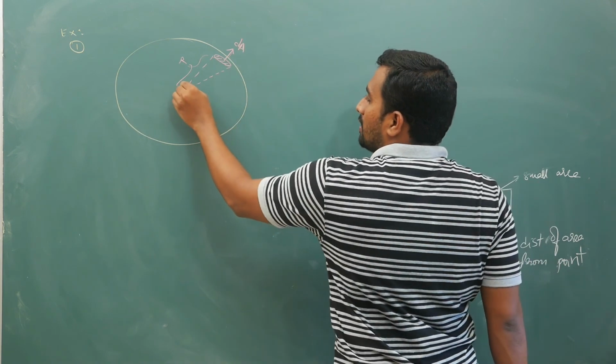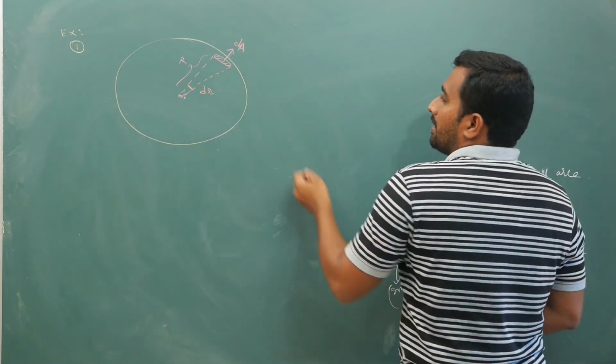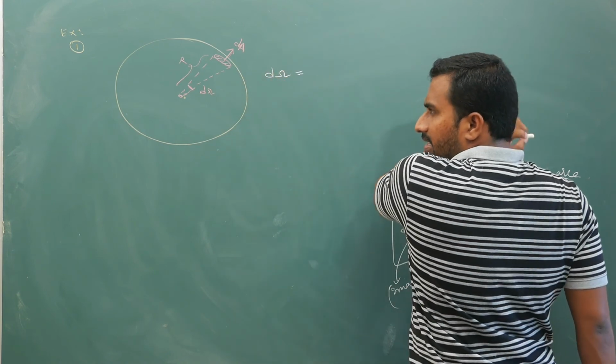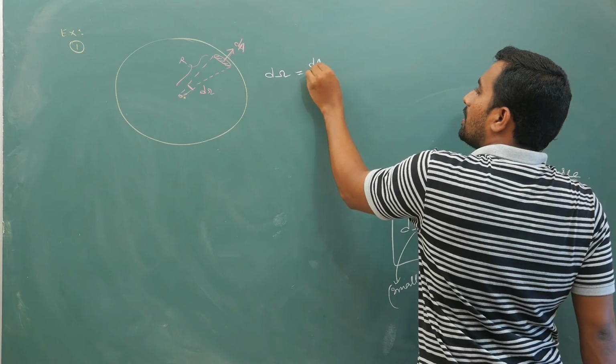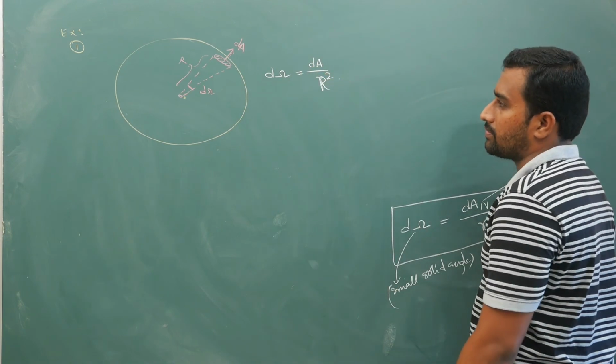Your small solid angle d psi, in steradians, is given by the small area dA by the distance squared, r square.